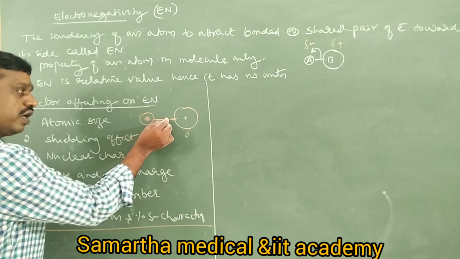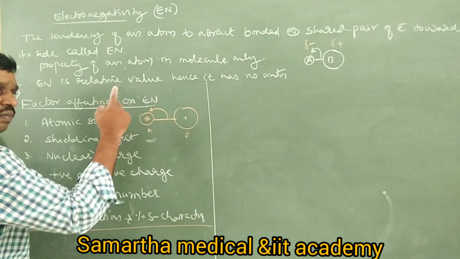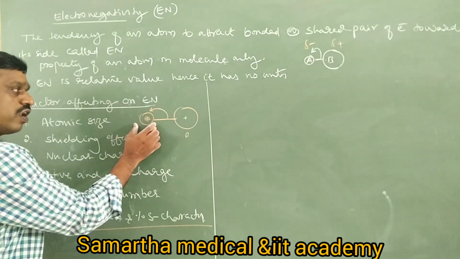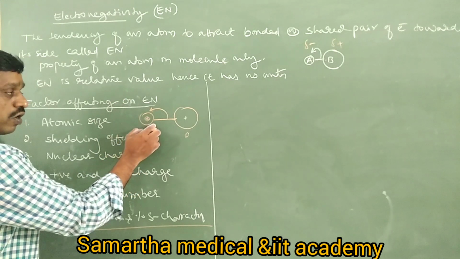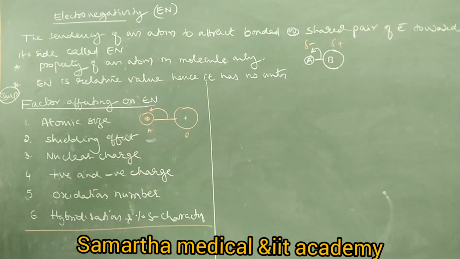Therefore atom A attracts more strongly compared to atom B. That means a smaller atom has more electronegativity, a larger atom has less.